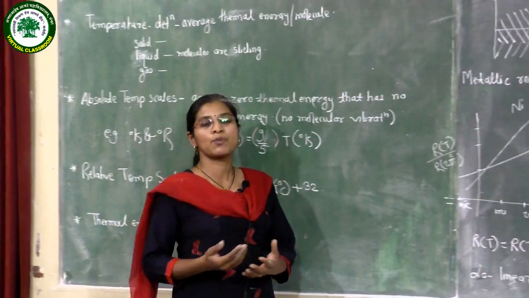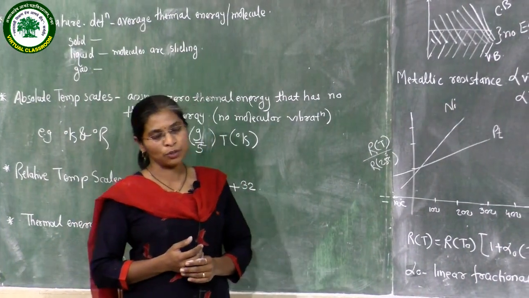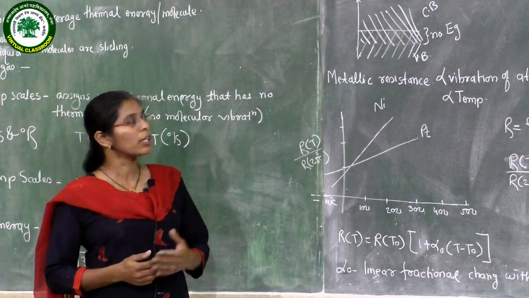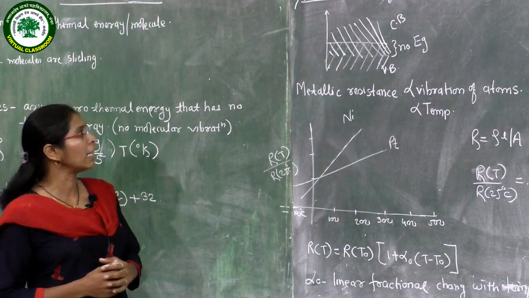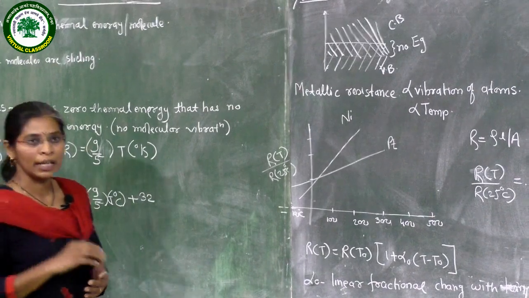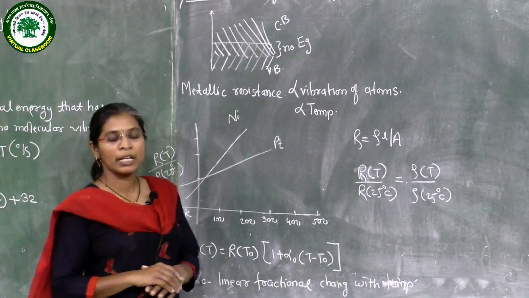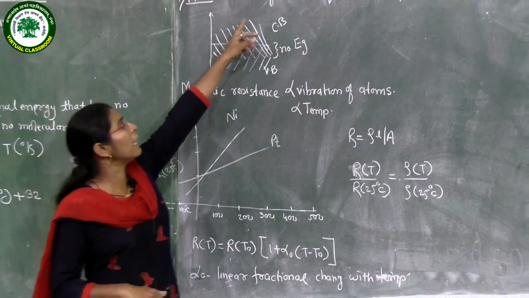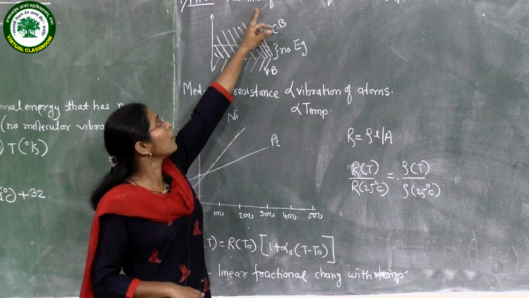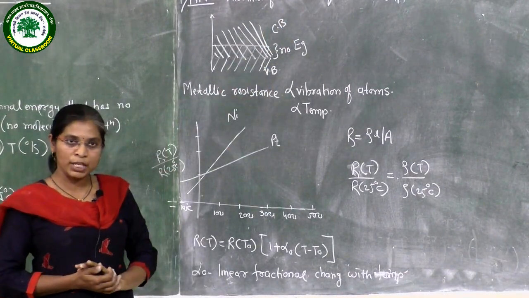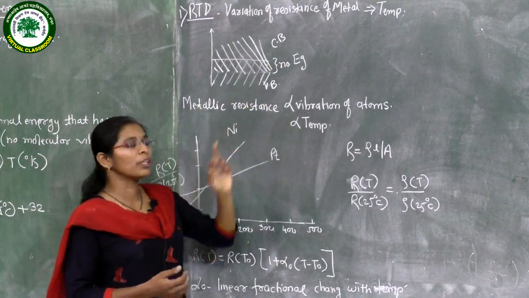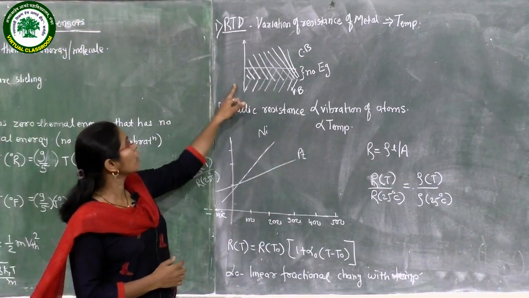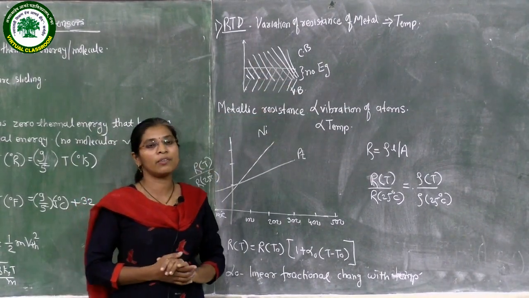Now there are different types of sensors for the measurement of temperature, like thermistor, thermocouple, resistance temperature detector, and many more. Let us begin with the RTD, that is the resistance temperature detector. The resistance temperature detector takes advantage of how the resistance of a metal changes with temperature.